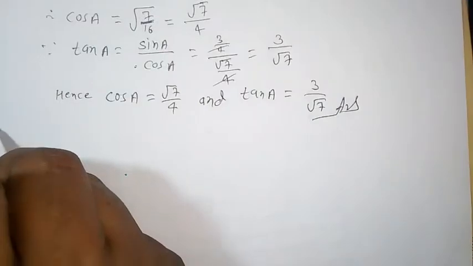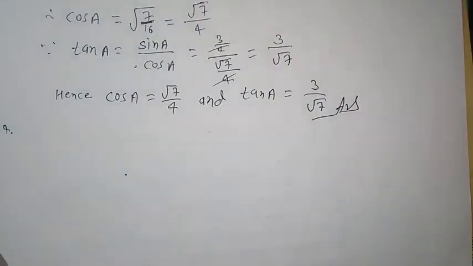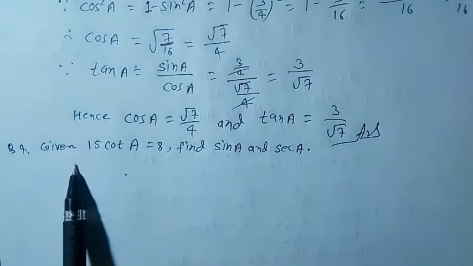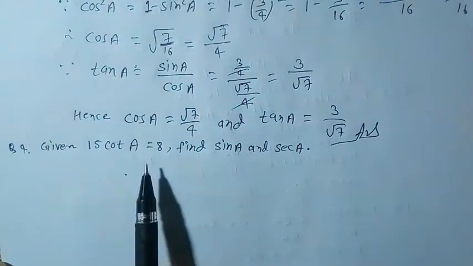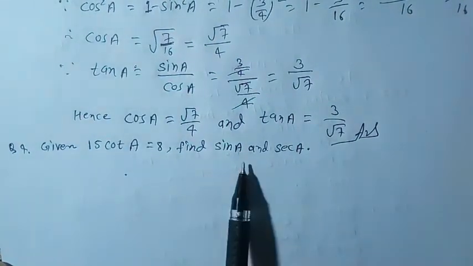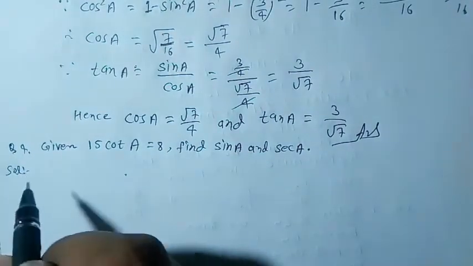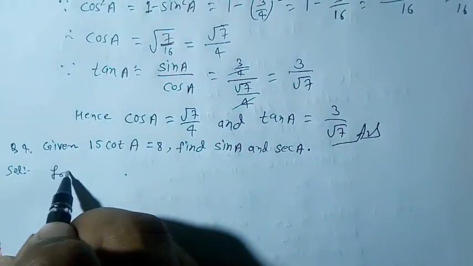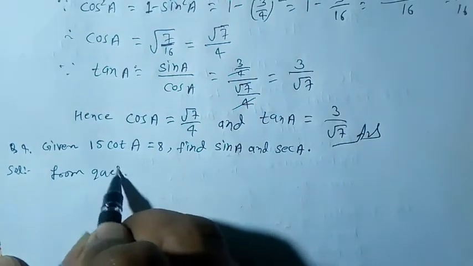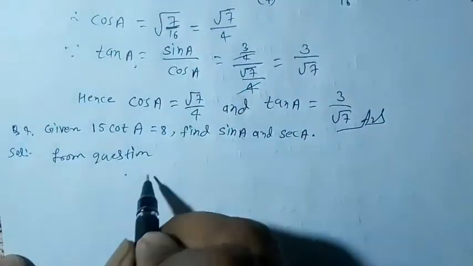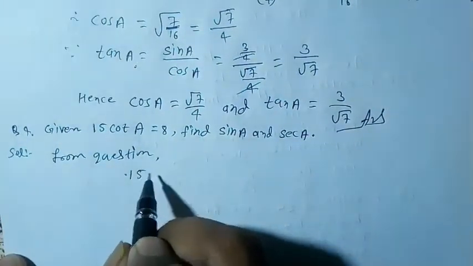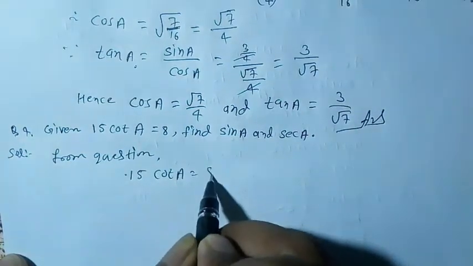Question number 4. Given 15 cot A is equal to 8, find sin A and sec A. Solution. From the question, 15 cot A is equal to 8.